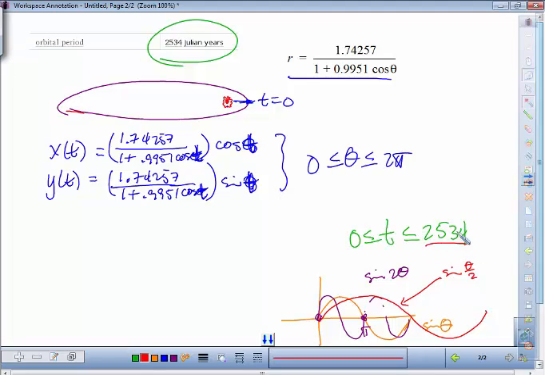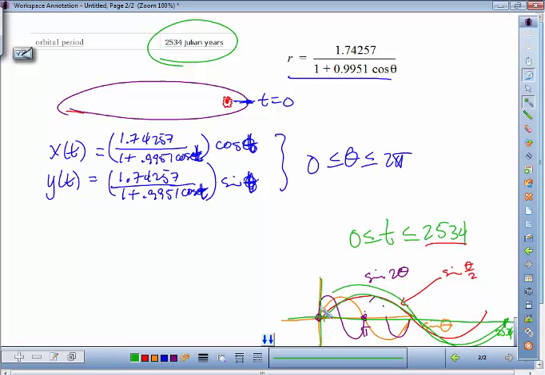2,534. So there's this coefficient b next to the angle in the sine that we need to change. So what do I want to change that to? So if I want to change that to have a period of 2,534, I want to finish one complete loop by that.